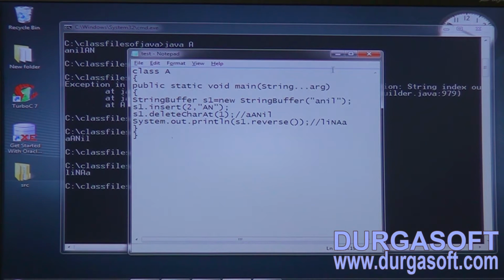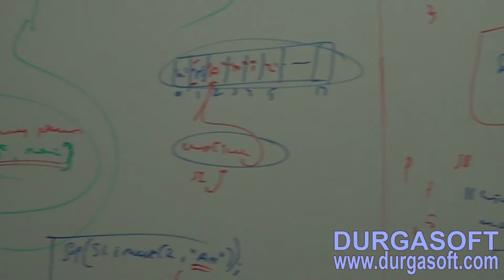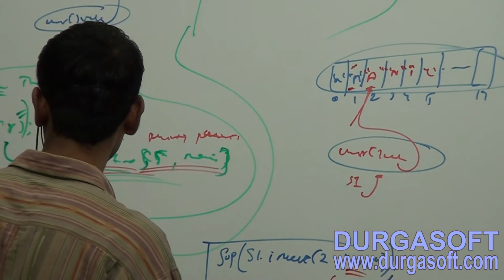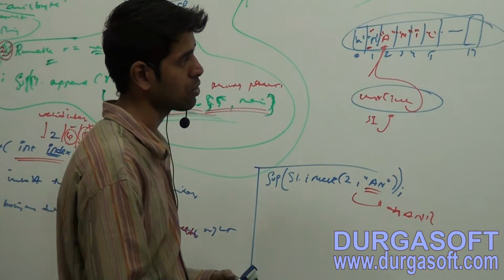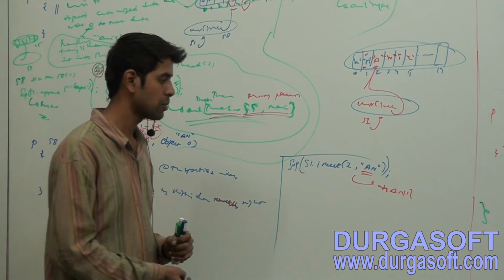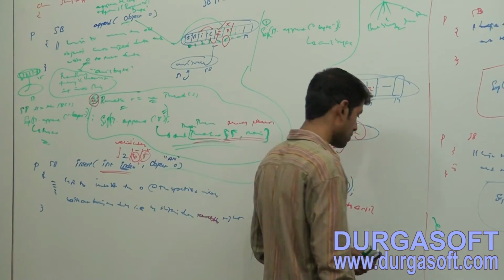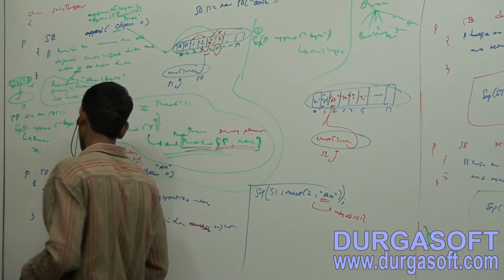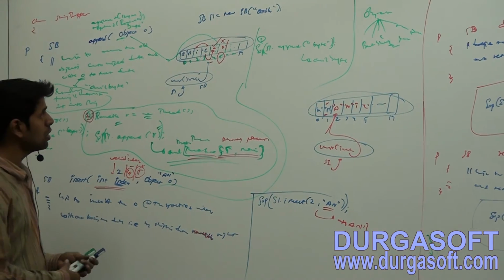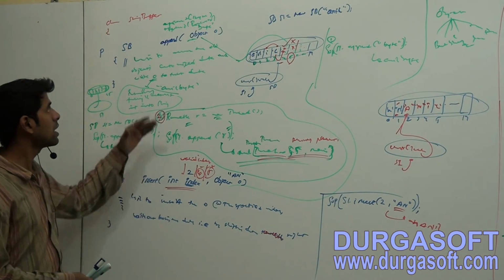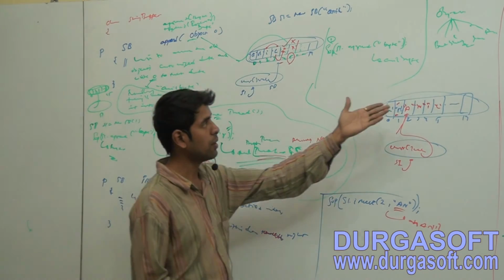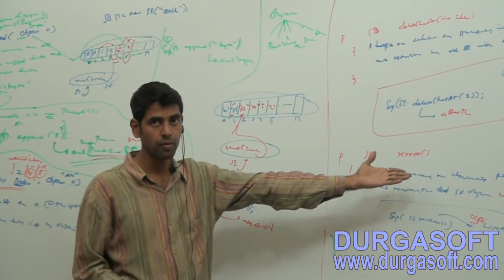Now observe here, we still have 3 methods which are so important to us. Simple methods. And I am telling you, you can write logic for insert, append, delete, caret, reverse.